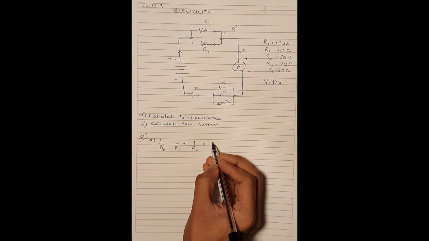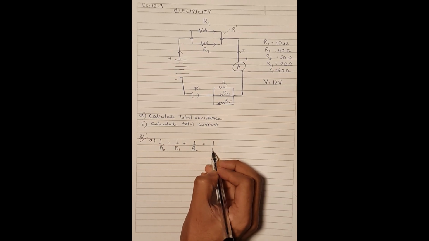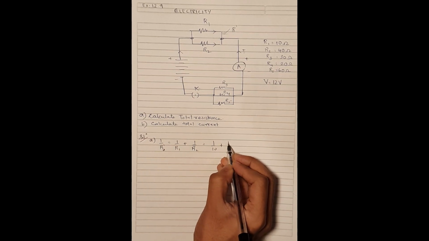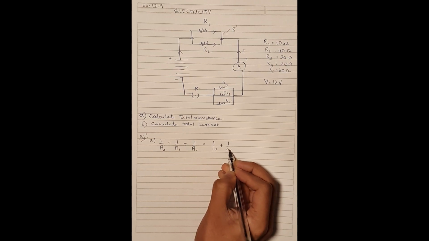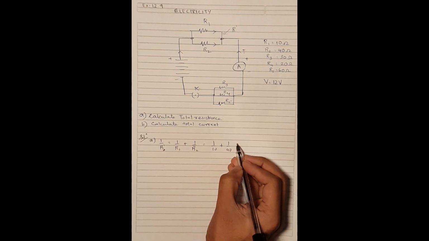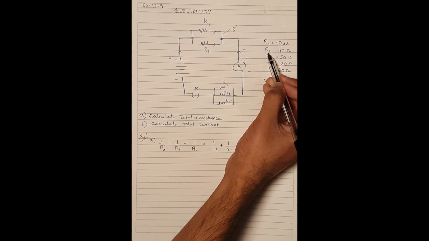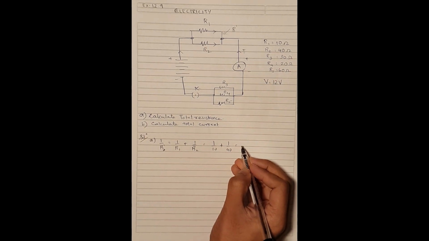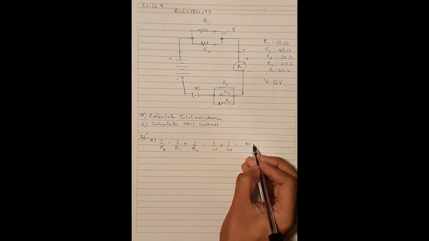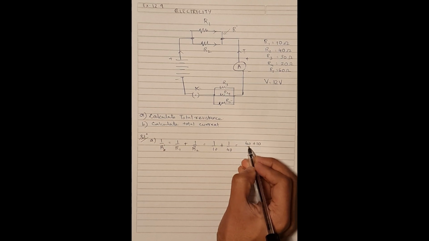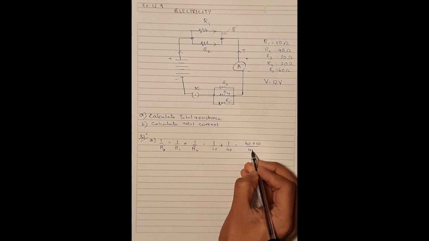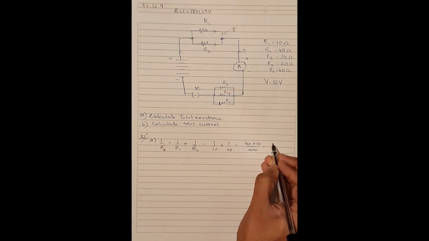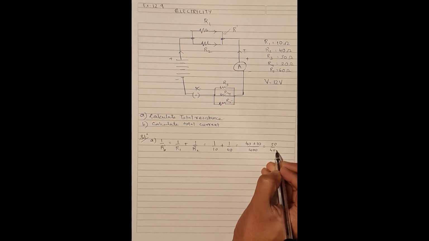So this will be equal to 1 by 10 plus 1 by 40, because we're given R1 is 10 ohm and R2 is 40 ohms. So this will be equal to 40 plus 10 divided by 40 into 10, so 400. So this is 50 divided by 400.